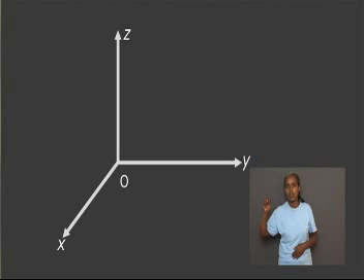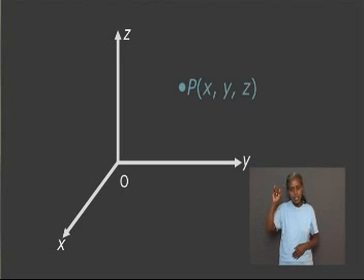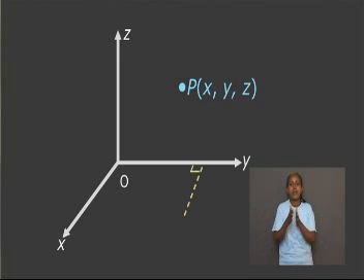Let us imagine a point called P. If we want to locate P in space, we can specify its directed distances from the 3 coordinate planes. P's distance from the yz plane is parallel to the x-axis.